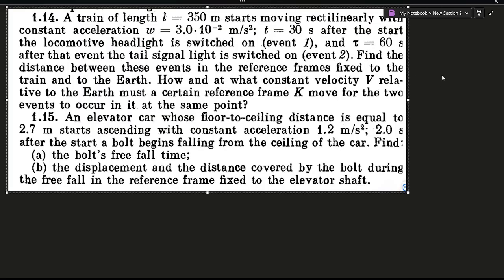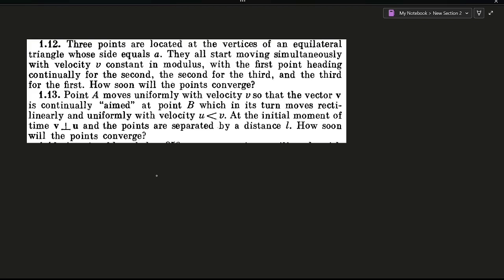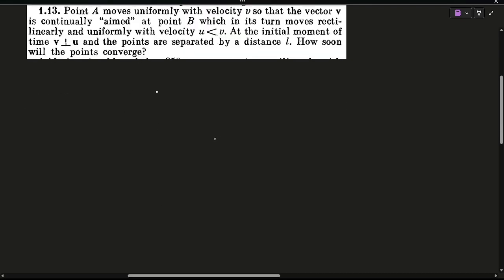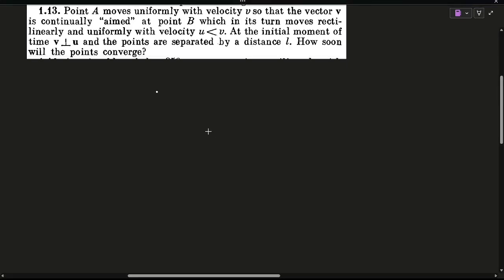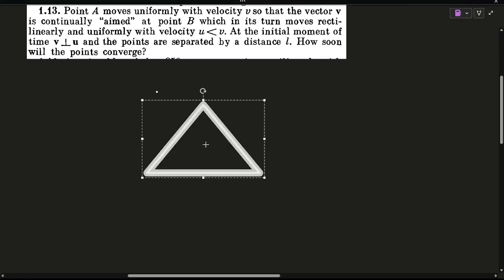Three points are located at the vertices of an equilateral triangle with sides a. The math will be easy. Let's draw. Okay, it will be equilateral.